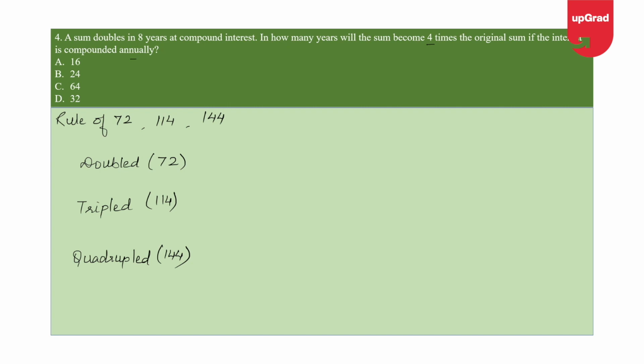Now what happens? In each of these categories, my rate of interest multiplied by my time will give me these values respectively. 72, 114 and 144. Now let's talk about this question in particular. So the question says a sum doubles in 8 years.